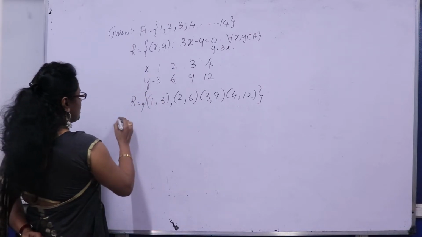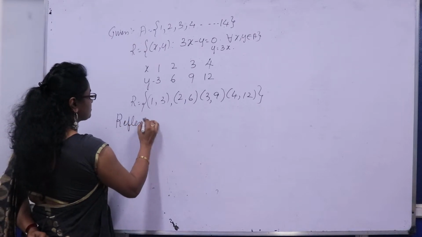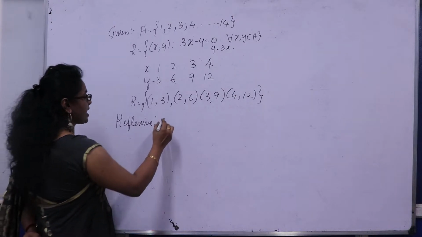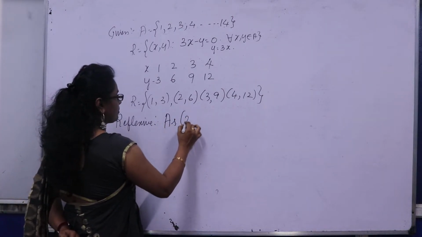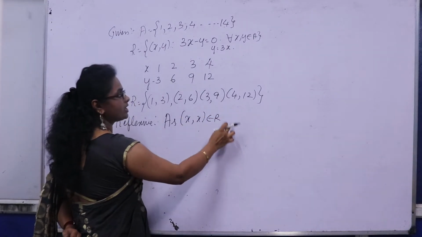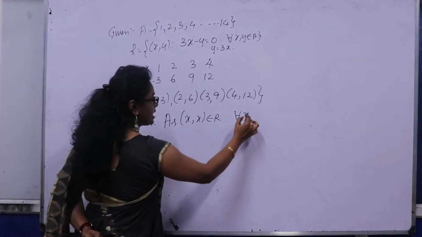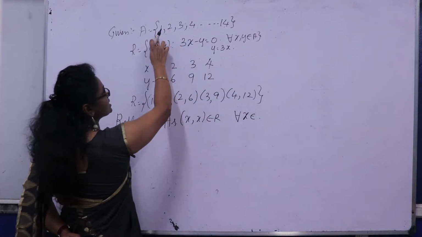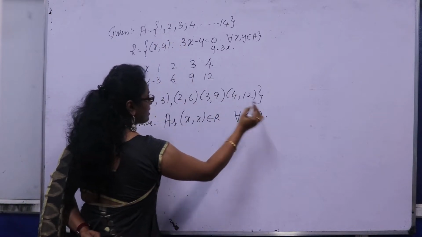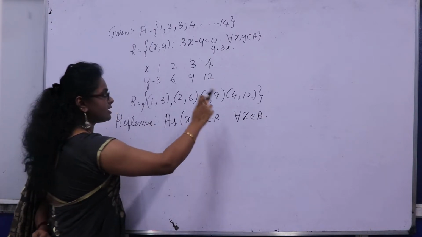So first I have to check reflexive. What does reflexive say? (x, x) belongs to R, and immediately you should write where this x is coming from: for all x belonging to the main set A. We are picking the elements from the main set A. Will this condition be seen here?